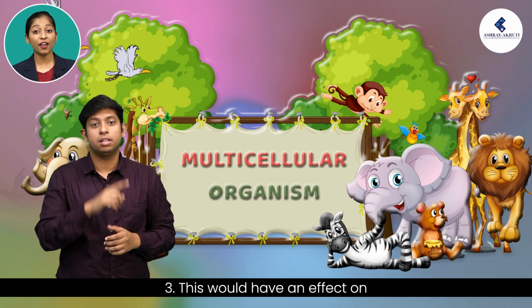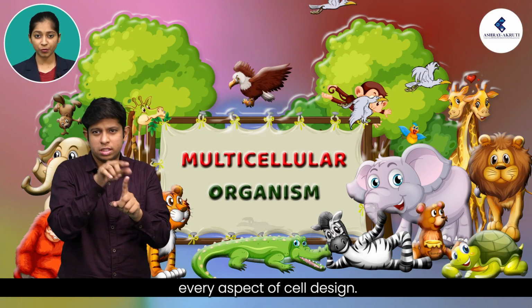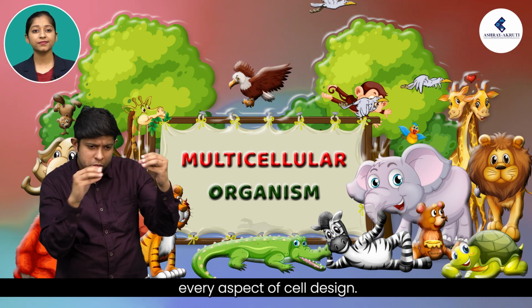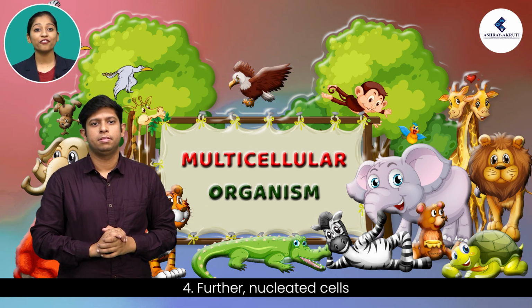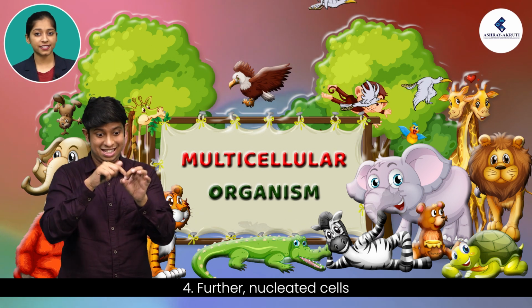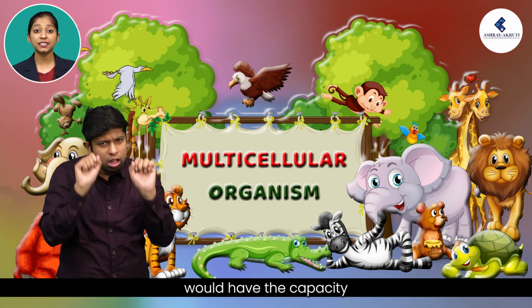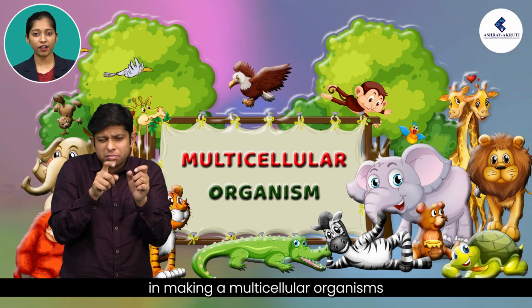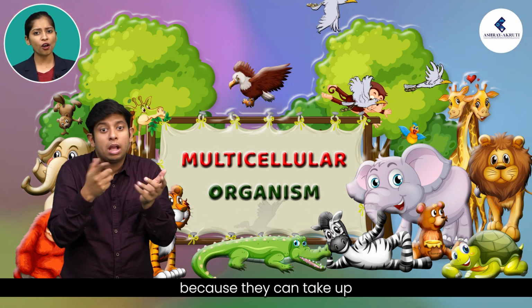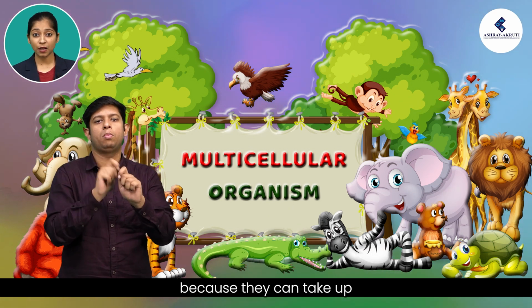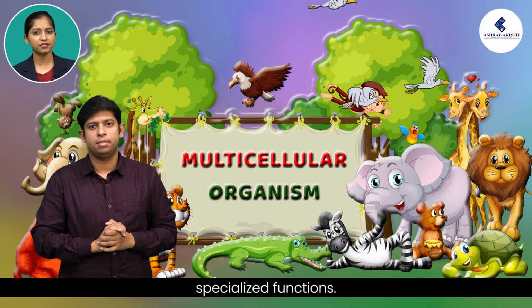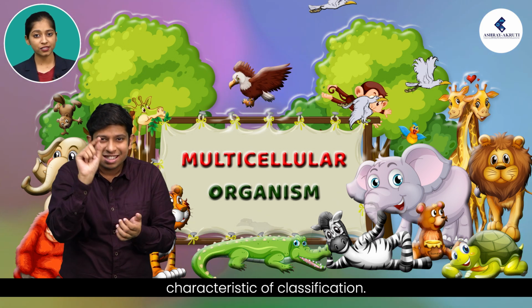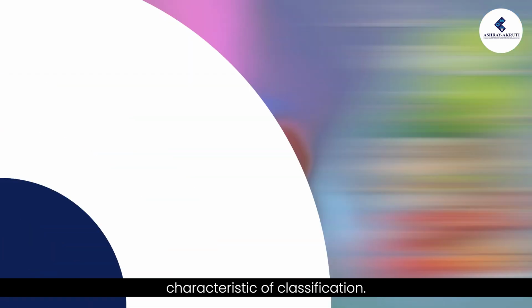This would have an effect on every aspect of cell design. Further, nucleated cells would have the capacity to participate in making multicellular organisms because they can take up specialized functions. Therefore, the nucleus can be a basic characteristic of classification.